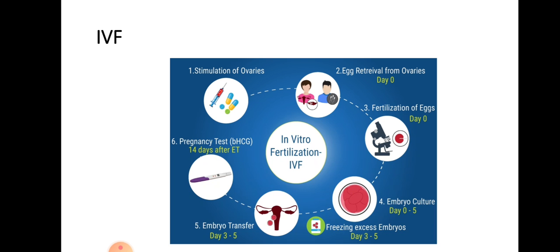In this one they will stimulate the ovaries. Look at these pictures. They will stimulate the ovaries, meaning they will give some medicines to form well developed eggs. After that, egg retrieval from the ovaries: they will take the eggs outside the body.